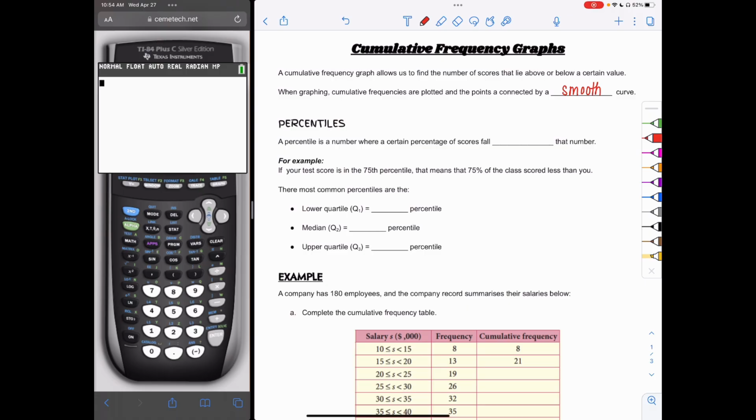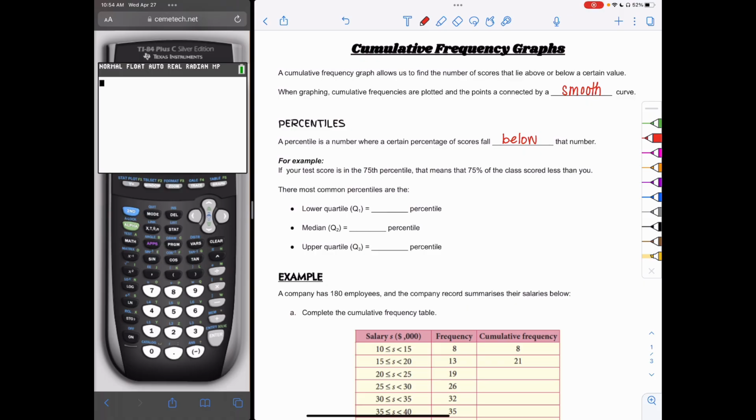So let's first talk about percentiles. Anytime we are talking about a percentile, we are talking about a number where a certain percentage of scores falls below that number. There is an easy way to remember what a percentile is. For example, let's say you have a test score and they give you on a report that your test score is in the 75th percentile.